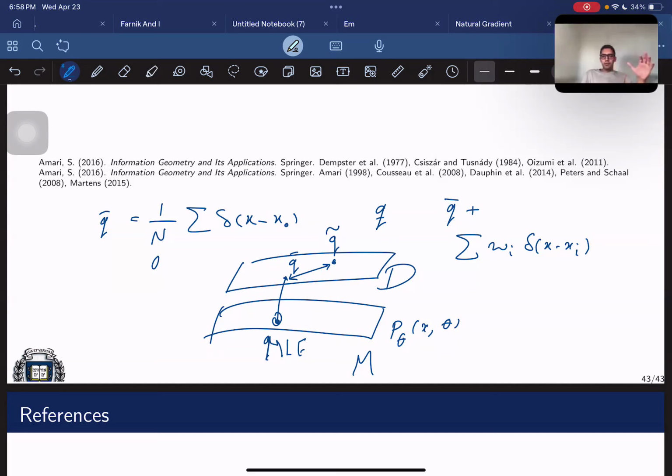If you understand the existing algorithms through the perspective of information geometry, it would give you this sense of creating new algorithms.